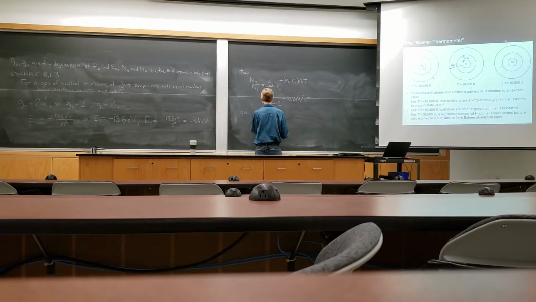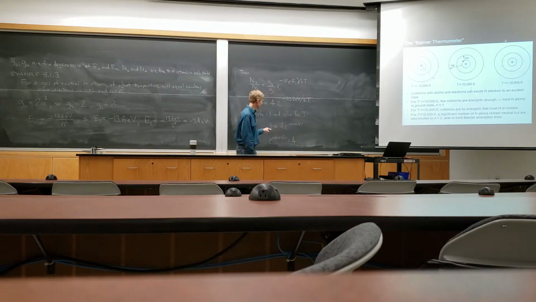So let's make the ratio 1 and solve for T. So 1 equals 4 times e to the minus that. So therefore, e to the plus 10.2 eV over kT is equal to 4.